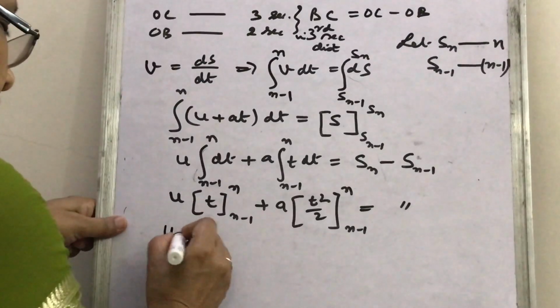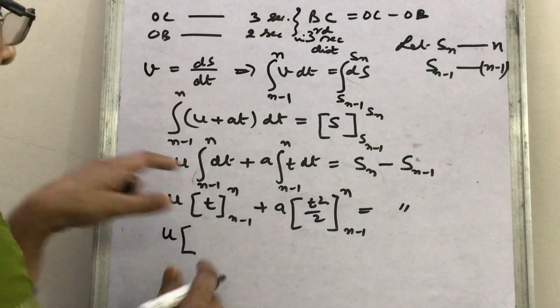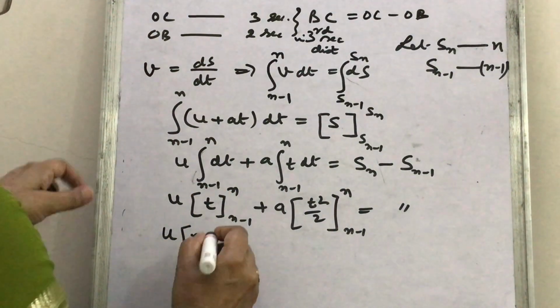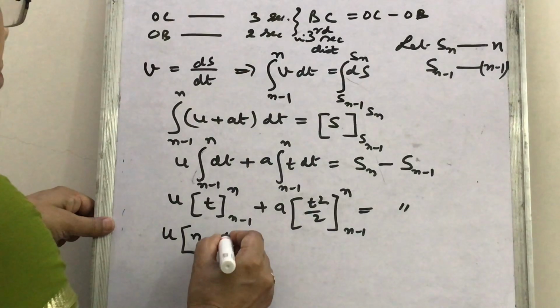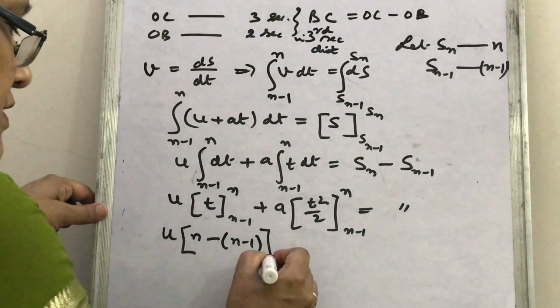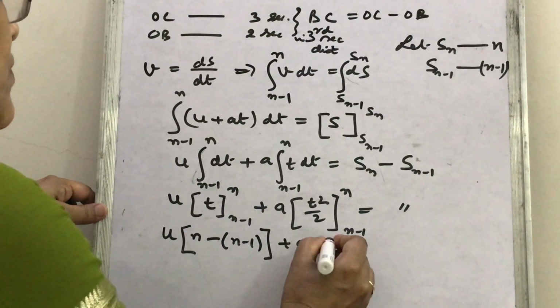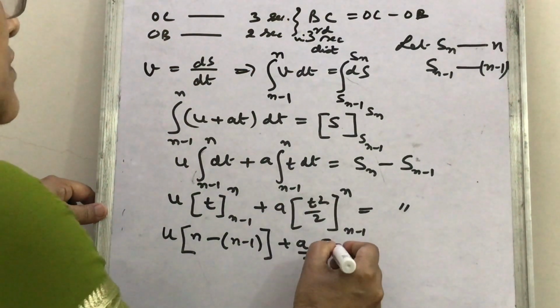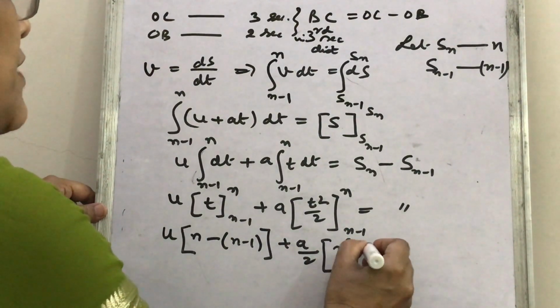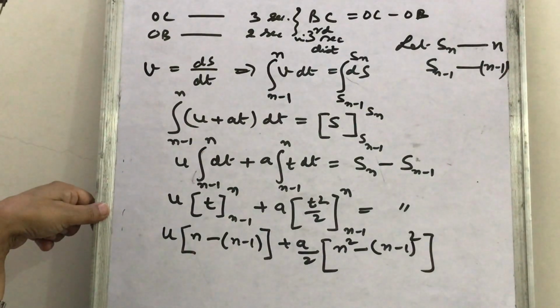Finally, what will you get? u within bracket. In place of t, first you write n, minus you write n minus 1. So use a bracket, this is n minus 1 within bracket, plus a, and take 2 outside. So what is left here is t square, which will become n square minus n minus 1 whole square.